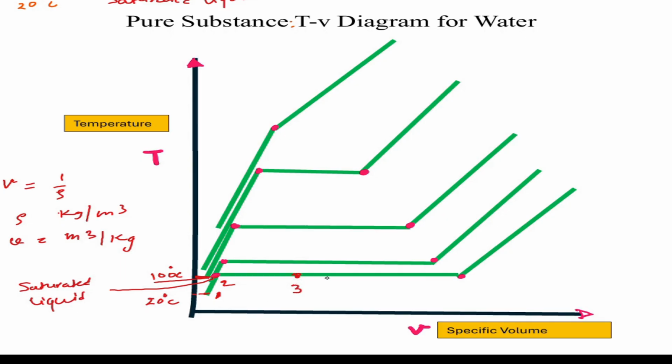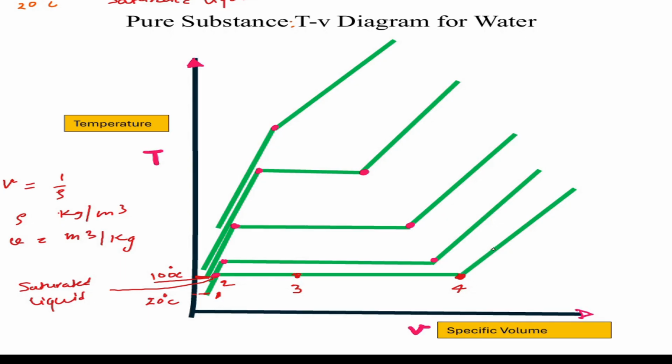When we further heat, all the liquid water will convert completely into steam. So here the temperature is also 100 degrees centigrade, because this is the phase change. So this is state 4.